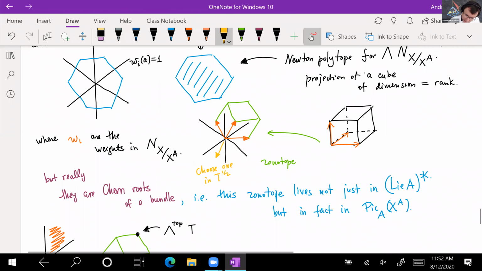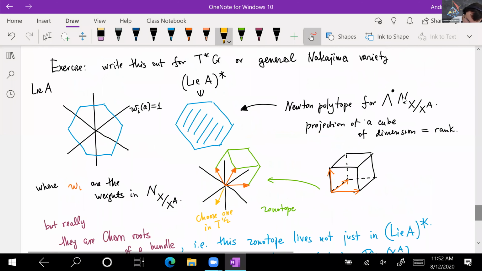So instead of taking the Newton polytope of the whole normal bundle, which would give a polytope twice the size, because if I take a cube twice the size and project it, I get a zonotope twice the size, I'll just take the polarization of that. That would be more economical.